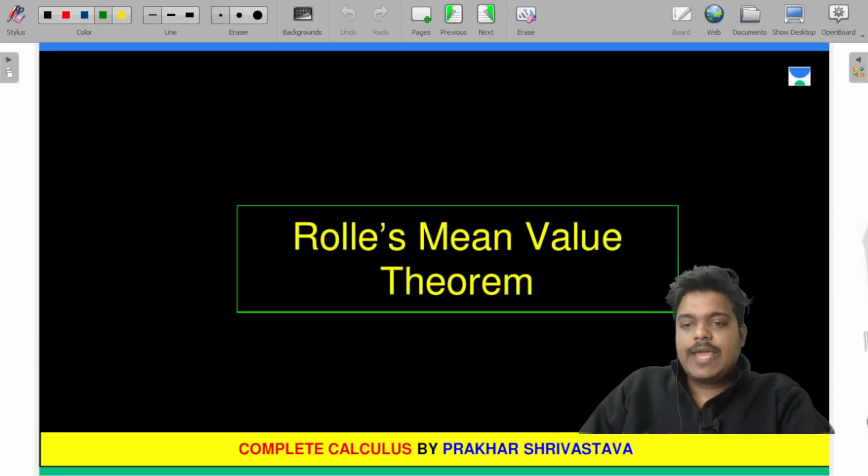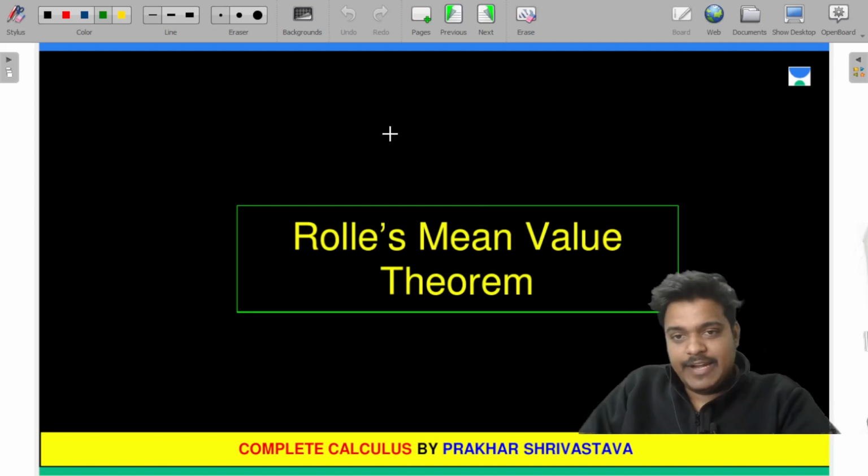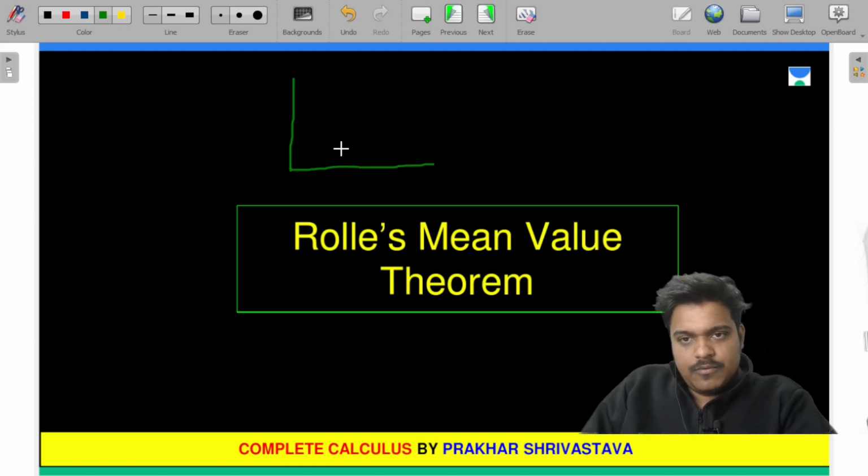Okay, so what is there in Rolle's mean value theorem? It's basically an application of the derivatives, in which it is said that, suppose this is your graph, and you try to draw a graph like this. Now what will happen in it?